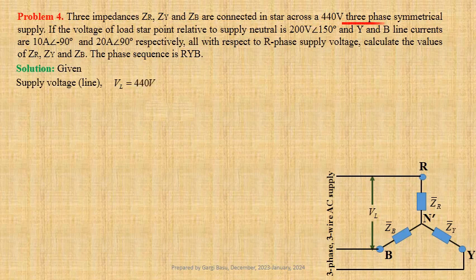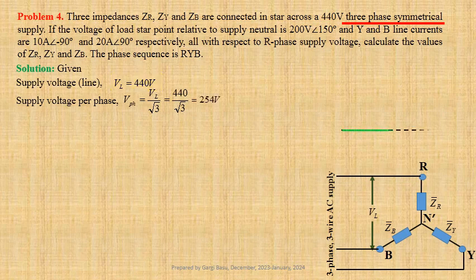For a symmetrical three-phase supply, voltage per phase V phase equals VL by root 3, that is equal to 440 divided by root 3, that gives us 254 volts.